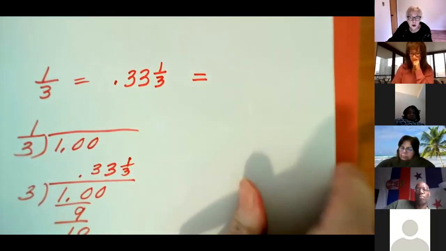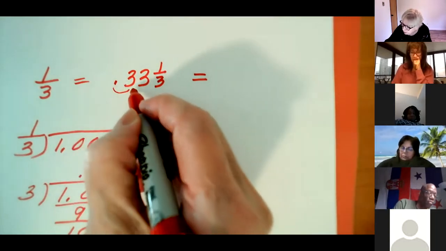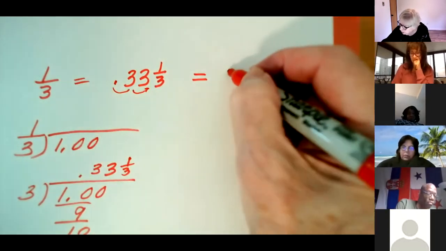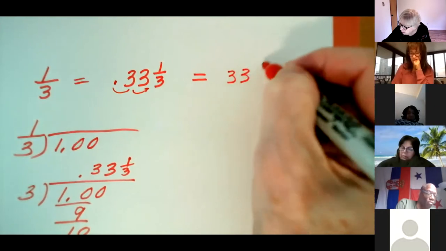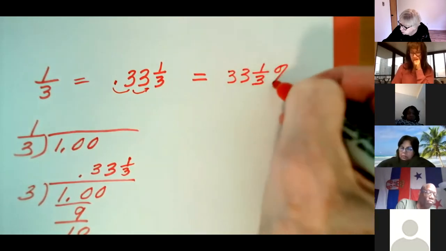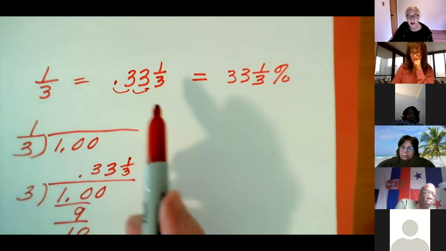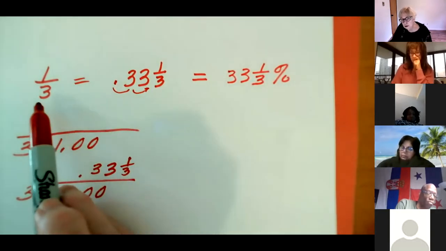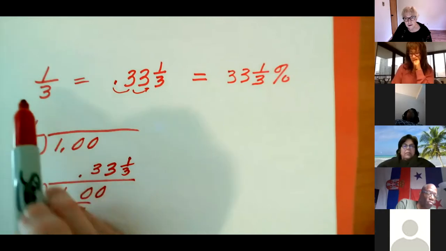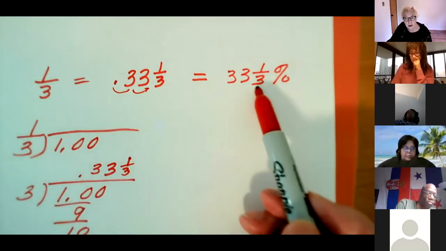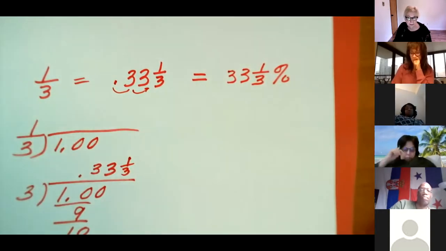When I make it into a percent, it's 33 1/3%. And that's why I stopped after 2 decimal places. But this is easy enough to remember. 1/3 as a fraction is 33 1/3%.